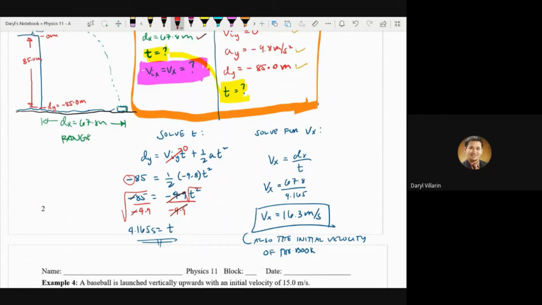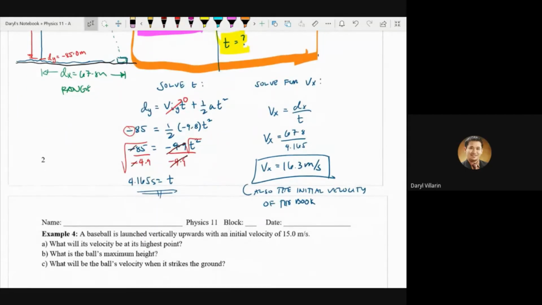If I change my coordinate system to make downward positive, this negative 9.8 here will also become positive 9.8. But then again, just to be consistent, just use the standard one, and it should give you the same and correct answer.